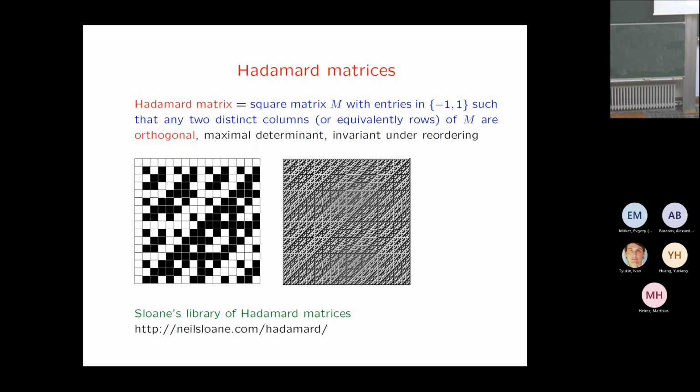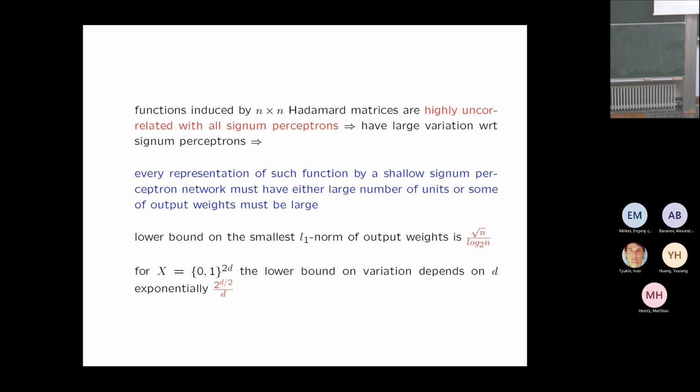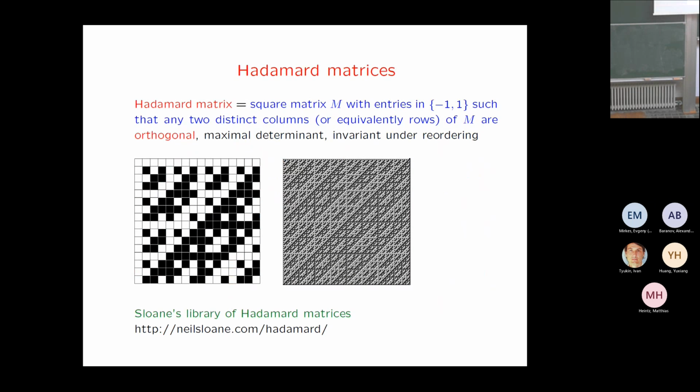And so we can consider, let's say, for example, that this is the square domain X, and there is a function defined by these ±1 entries, shown as black and white. One can prove that the inner products of these functions with functions induced by, say, cutting this square domain into two pieces by a hyperplane and assigning -1, +1 are small.